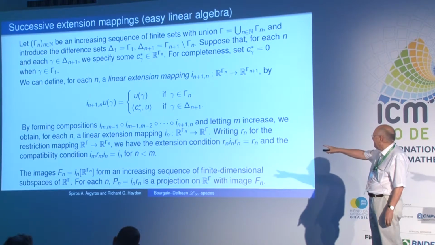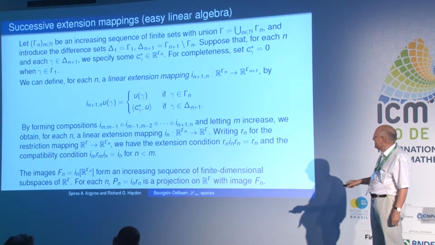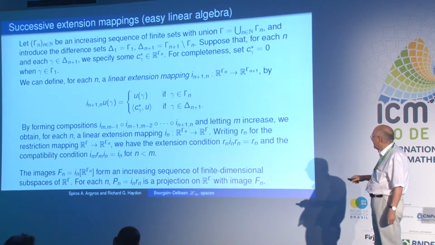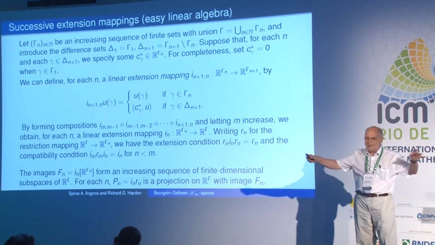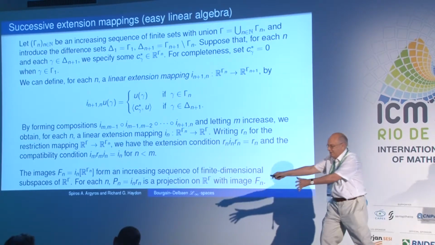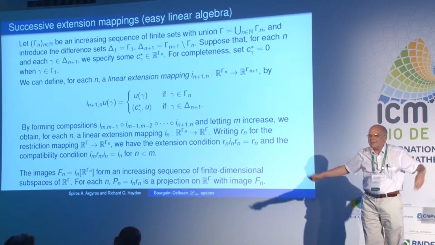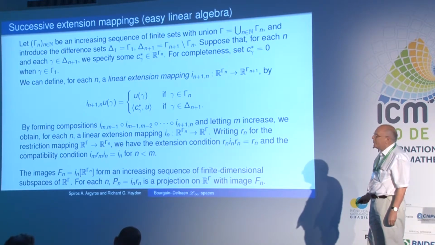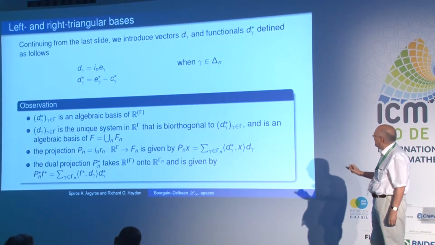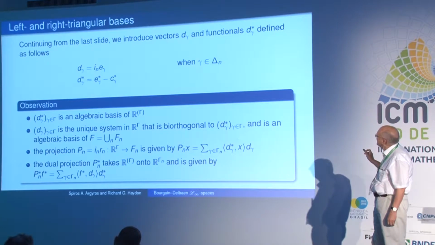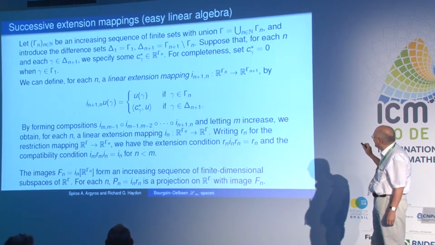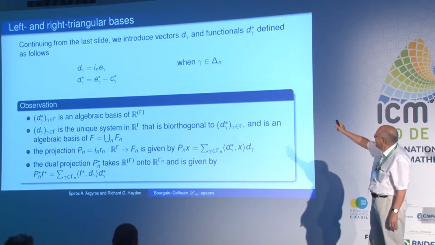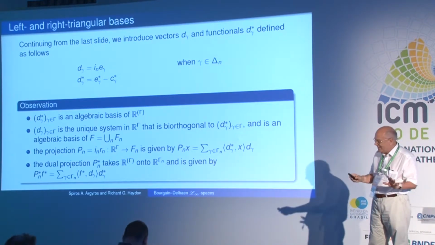And we've got some projections from the whole of R to the gamma. You've got a function on the whole of gamma, you restrict it to gamma n, and then you extend it, you get a projection onto these things. So where are the norms going to come in? Not yet. Okay, so here is a bit of elementary linear algebra.